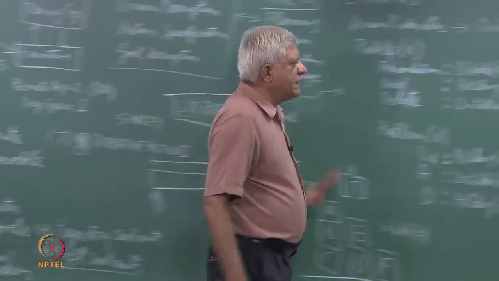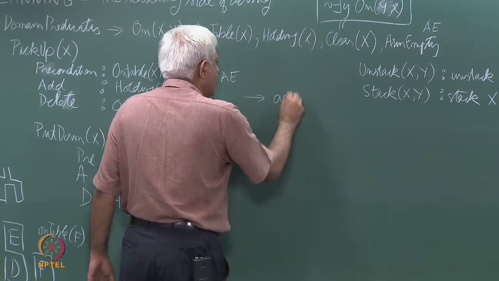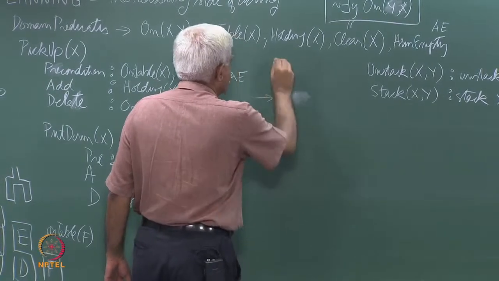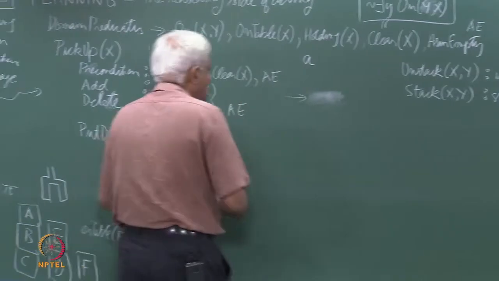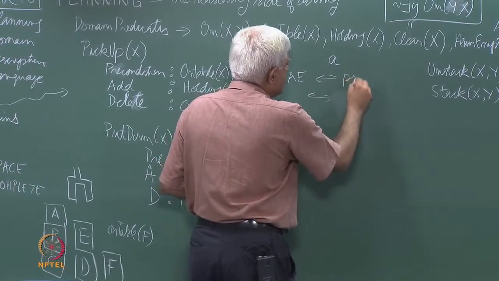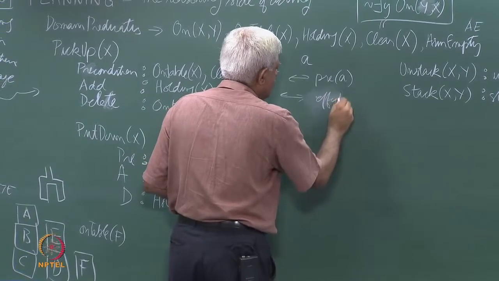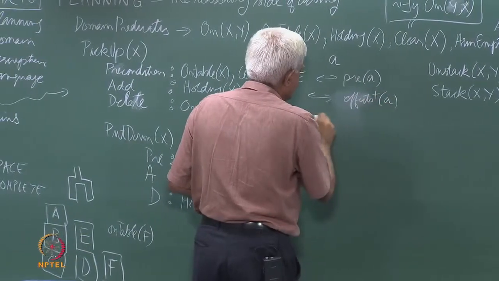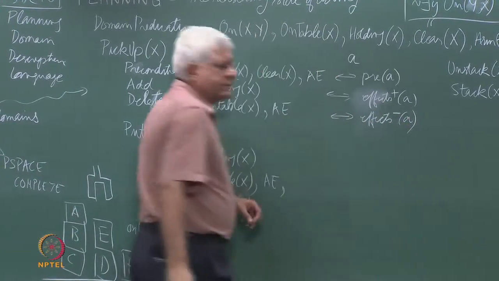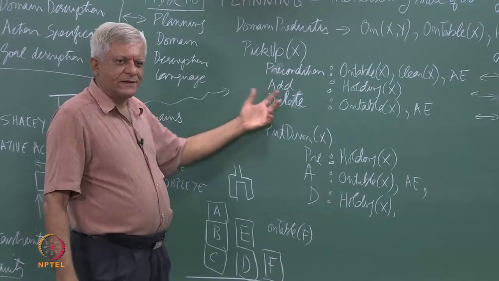In the more modern PDDL language, I would call this as positive effects. So, if my action is A, then this list is the precondition list of A. This is the effects positive of A and this is the effects negative of A. So, in the modern PDDL language, we do not use these names precondition list, add list and delete list.